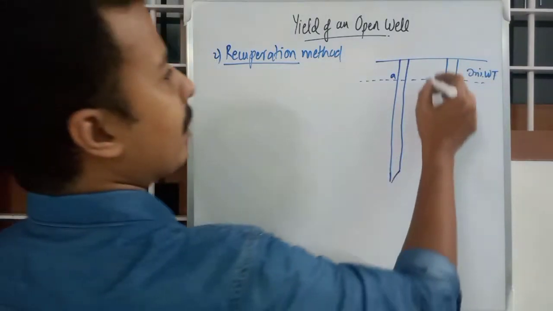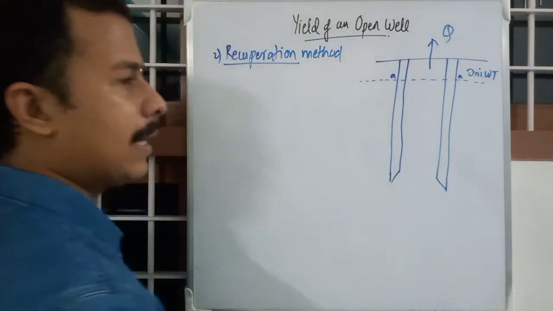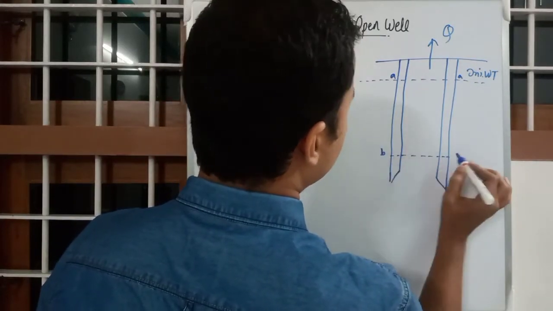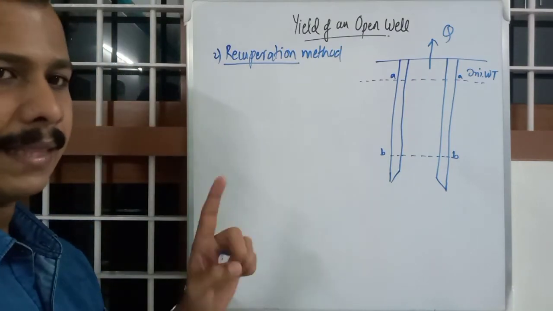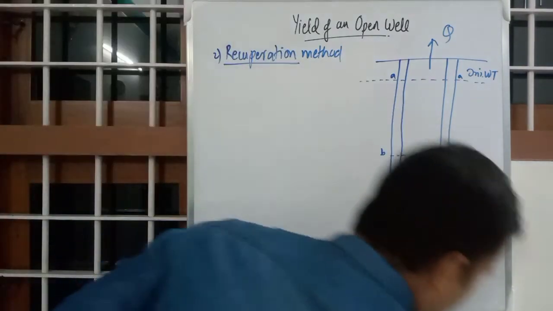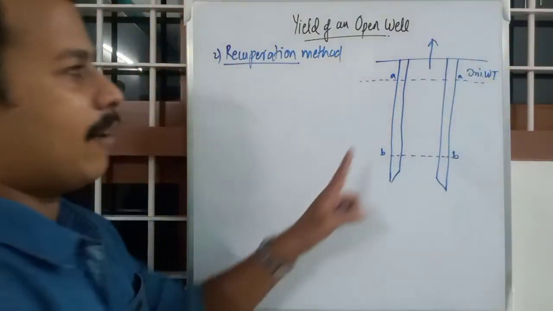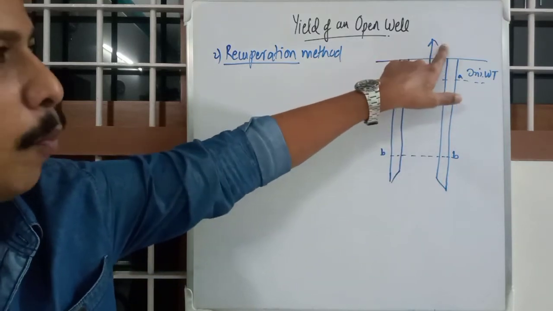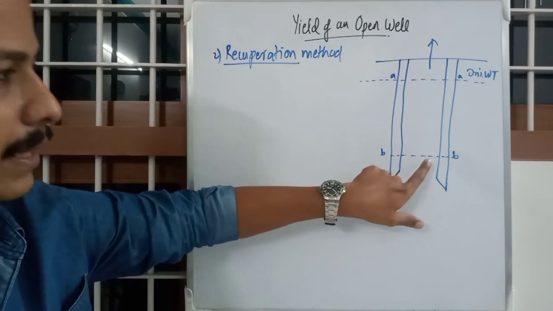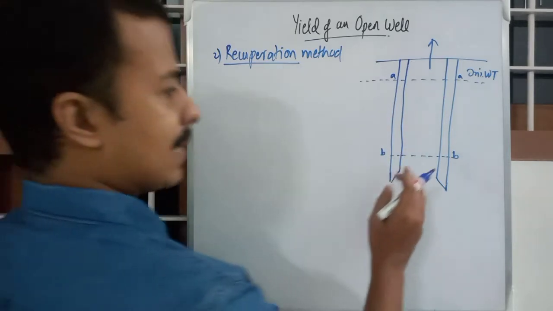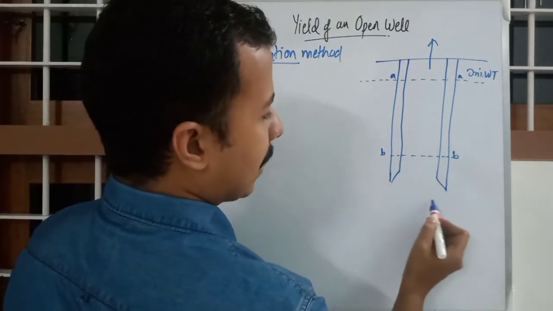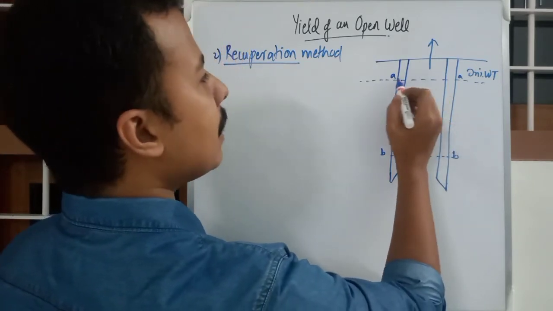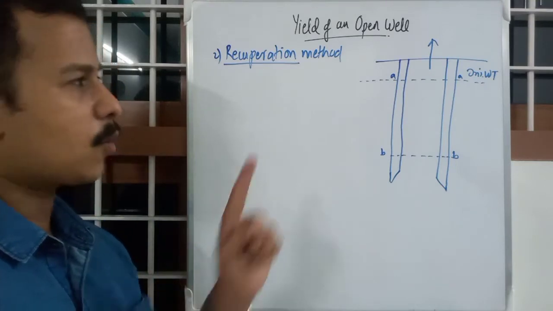Okay, and we start pumping as usual. We start pumping out a certain quantity till it reaches another level, BB. Okay, then we stop pumping. After the water level reaches BB from AA by pumping a quantity, we stop pumping, and then what happens? Then recuperation happens. As time progresses, as the water is rising from the bottom, the BB level will increase, and eventually it will rejoin the AA level. That process is called recuperation.